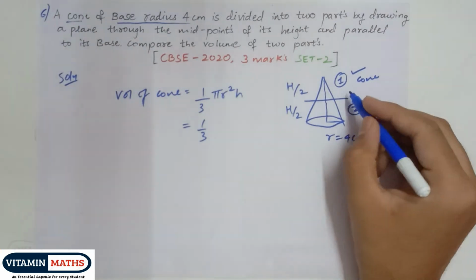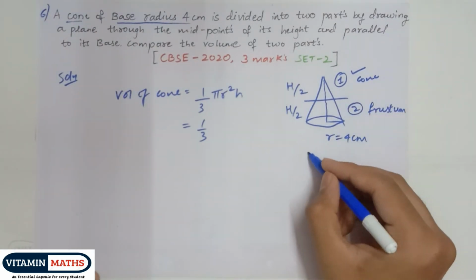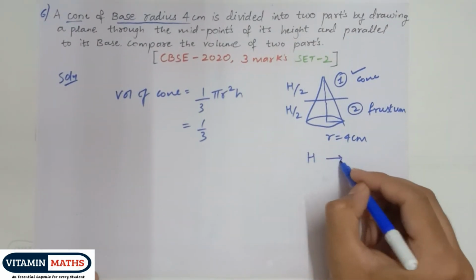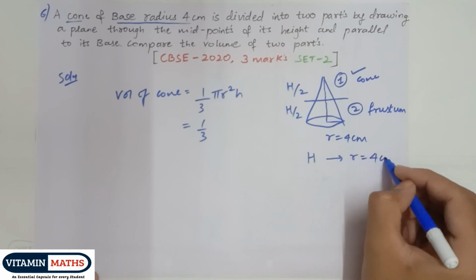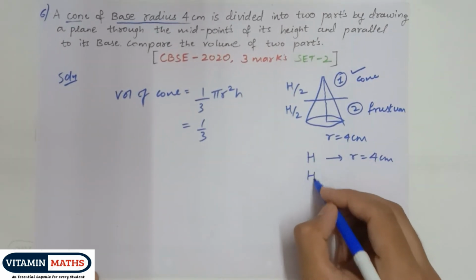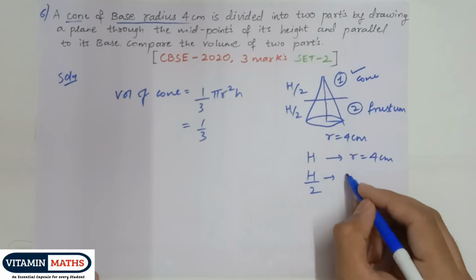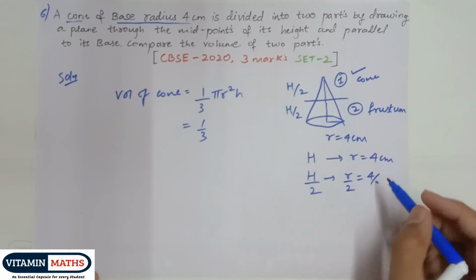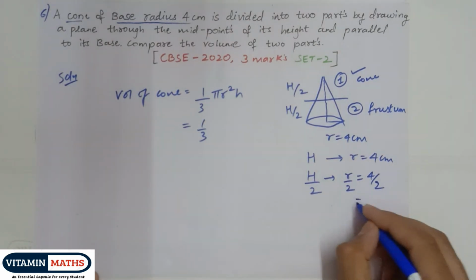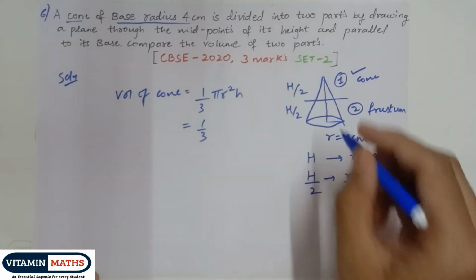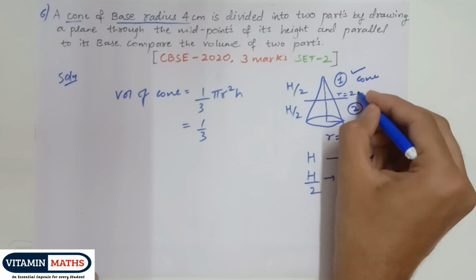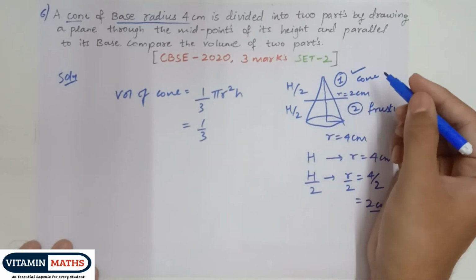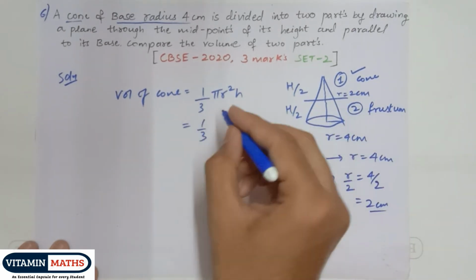Since the plane is cut at exactly the middle, for total height h the radius is 4 centimeter, so for mid height h by 2 the radius will also be halved. That is 4 by 2, that is 2 centimeter. So the radius of the cone is 2 centimeter.